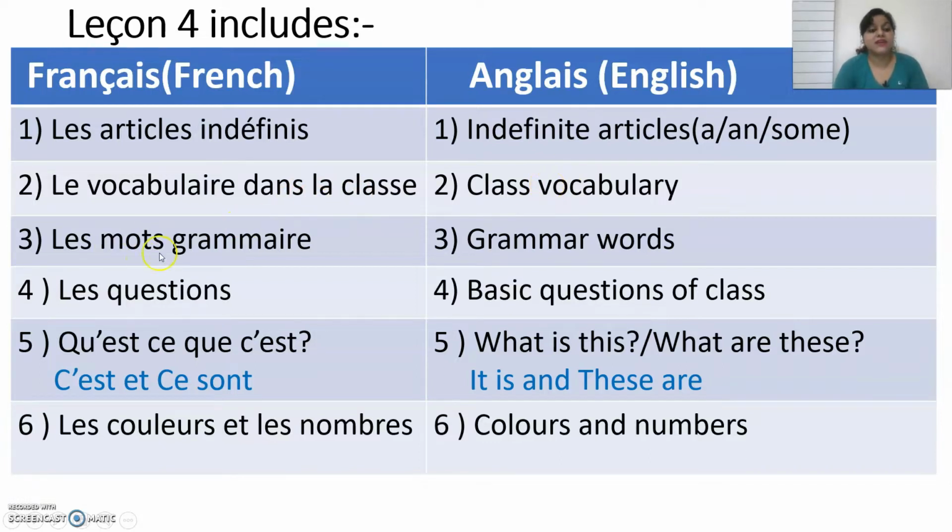Then moreover, we will be learning les mots grammaire, some grammar words, les questions, some basic questions that are used in the class. Then a very important concept we are going to learn in this lesson, that is Qu'est-ce que c'est, ce sont, which means what is this or what are these. And moreover, we will be learning les couleurs et les nombres. So let's firstly start with the lesson.